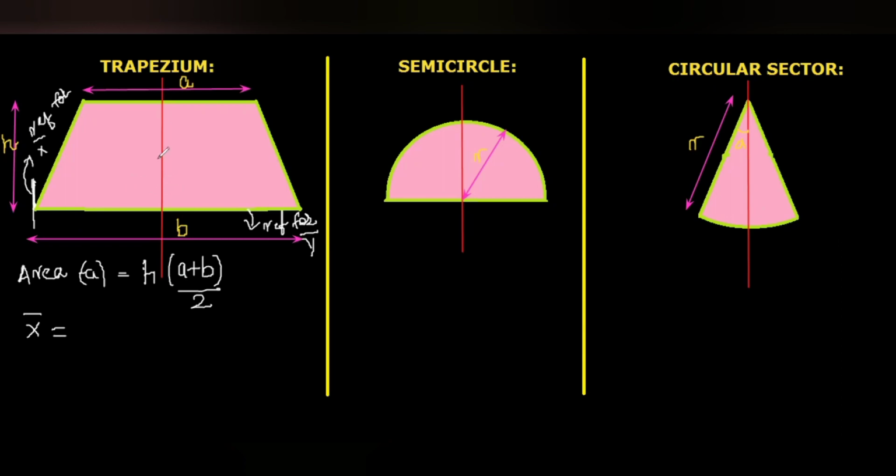Wherever the center of gravity lies on the vertical axis, the distance of the center of gravity from the reference line of x bar, that means the leftmost line, will be the same. Actually, from this point it would be A by 2, but the leftmost line is the reference here, so x bar is measured from this side. So that will be half of the larger width, that is B by 2.